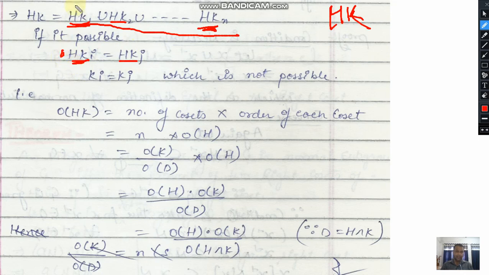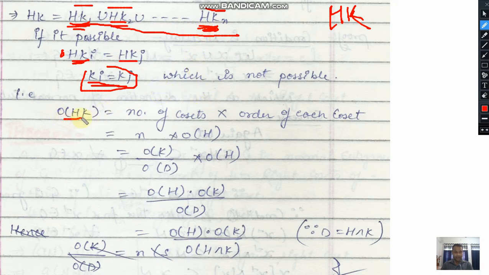Let us suppose that these are not distinct cosets and any two cosets are equivalent, then HKi is equivalent to HKj. So in this case Ki will be equal to Kj, which is not possible because all the elements of K are distinct. It means there is no common element, so all these cosets are distinct. These cosets are not equivalent or identical.